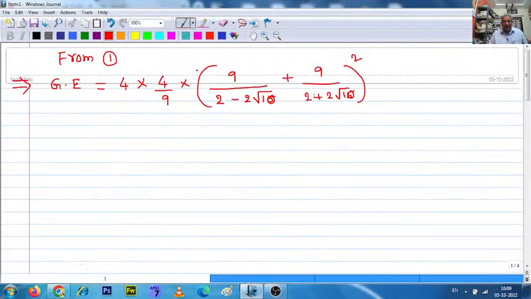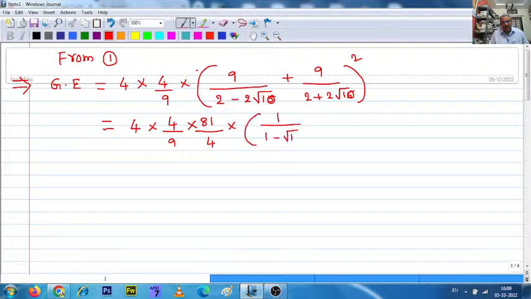So now 9 by 2 common, that will be 4 times 4 by 9 into, this is 9 square is 81 by 4 you will be getting, and 1 minus 1 by root 10 plus 1 upon 1 plus root 10 whole square.